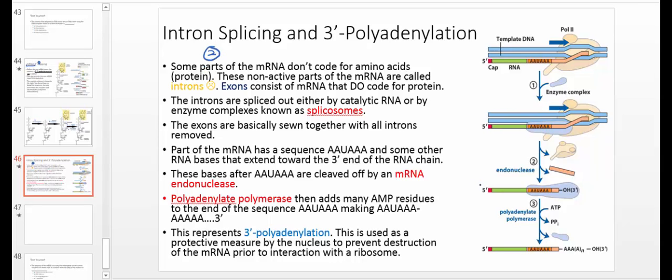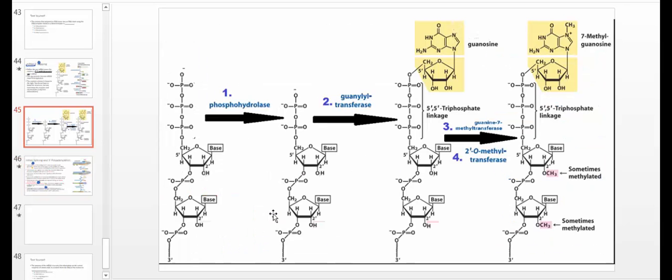Then step 3, we're going to use an enzyme called an endonuclease, an mRNA endonuclease. And we're going to cleave off a segment of the mRNA. And we'll talk about that in a few minutes. And then the last step is something called 3' polyadenylation. So these are essentially the 4 steps that we're looking at in terms of mRNA processing, and we'll go through these pretty quickly.